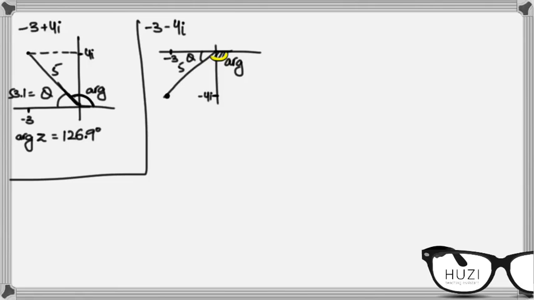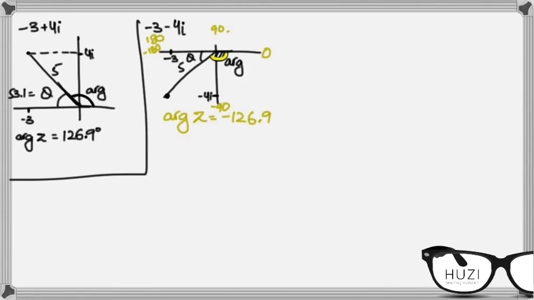So the argument of this z, minus 3 minus 4i, will be minus 126.9, because if I mark the angles, this will be minus 180, this would be minus 90, this would be 0, and then 90, and then again 180.